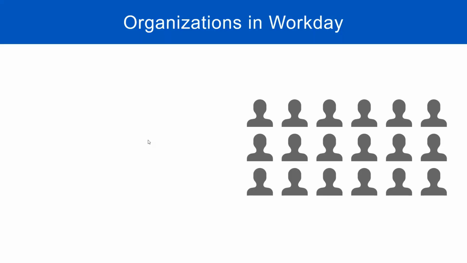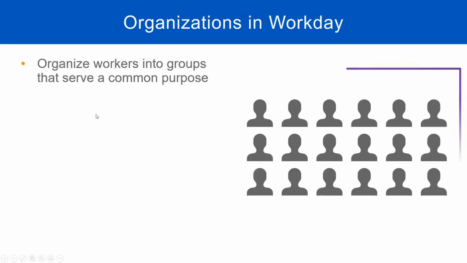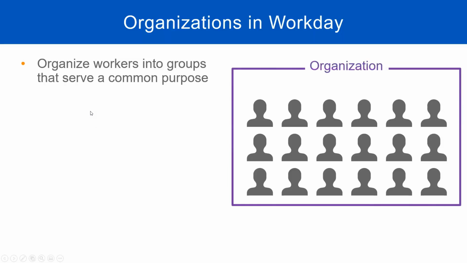Okay, the gathering, right. I'm getting different words, very interesting perspectives. But yes, it is a group of people with a common purpose. Yes, Prachi, thank you for the word. It organizes workers into groups that serve a common purpose. Right, these people are together for a common purpose.